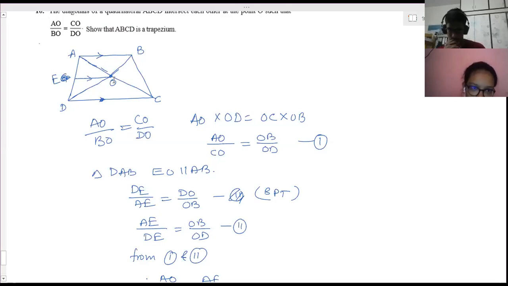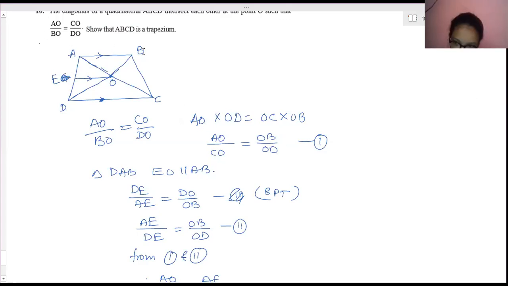So here first we take EO parallel to AB. Therefore by BPT, AE by ED is equal to BO by OD. Now BO by OD, when the relation equation is given, after cross multiplication we can calculate the value of OB by OD. OB by OD is equal to AO by OC. And OB by OD you have already shown is equal to AE by DE.